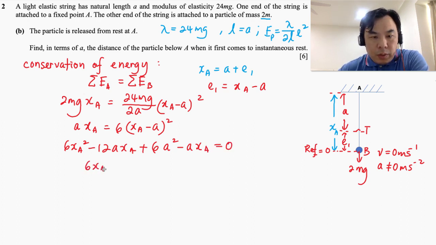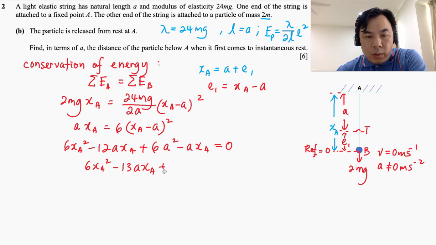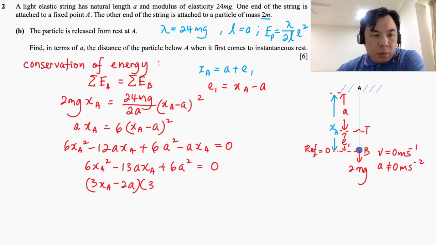Let me rearrange that neatly so that we can see what we can do from here. From here we can see that we will be able to factorize this quite easily. So that would be something like this. Oops, I think I did it wrongly.